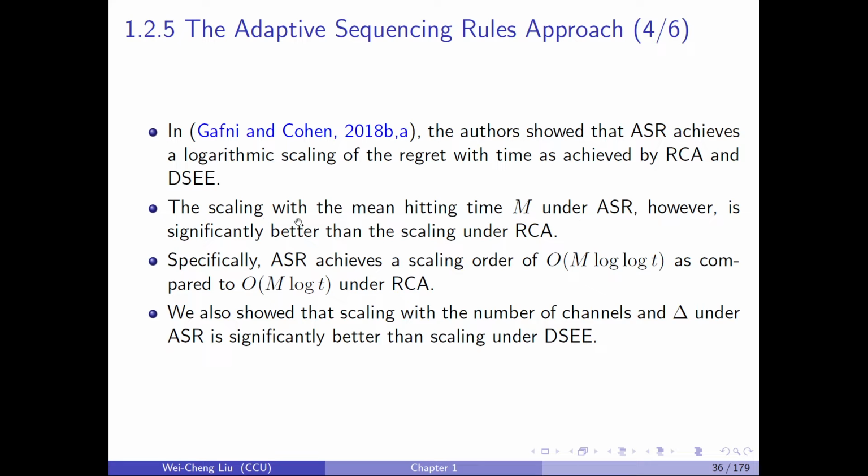The scaling with the mean hitting time capital M under ASR, however, is significantly better than the scaling under RCA. Specifically, ASR achieves a scaling order of big O of M times log T as compared to big O of M times log T under RCA.